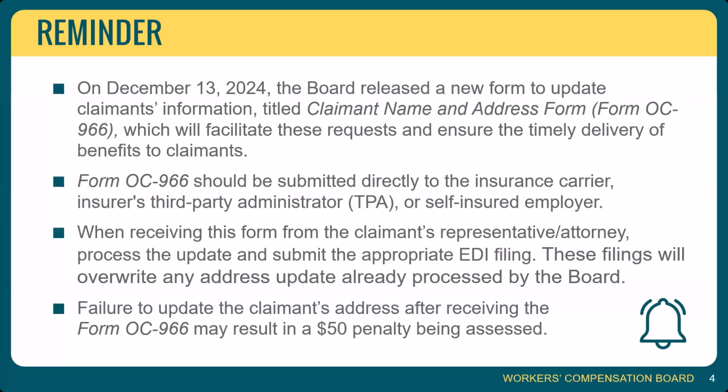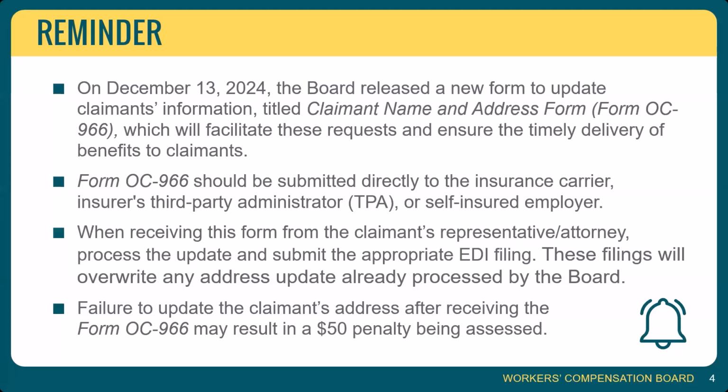And again, as I just previously stated, it should be submitted directly to the insurance carrier, the insurer's third-party administrator, or the self-insured employer. Now, when you receive this form from that claimant's representative or attorney, please process the update and submit the appropriate EDF filing as quickly as possible.